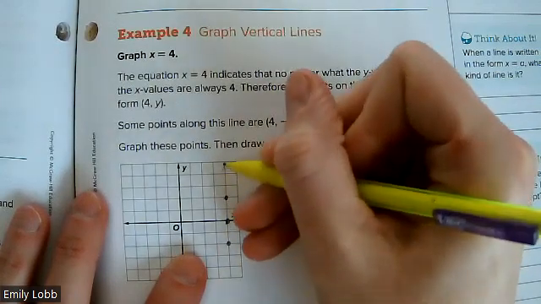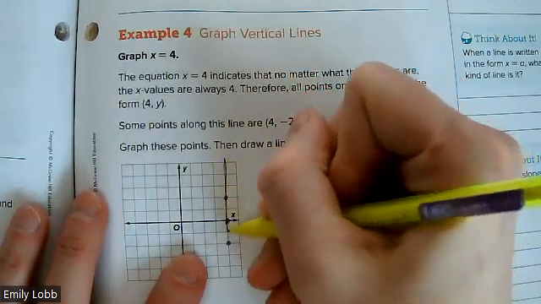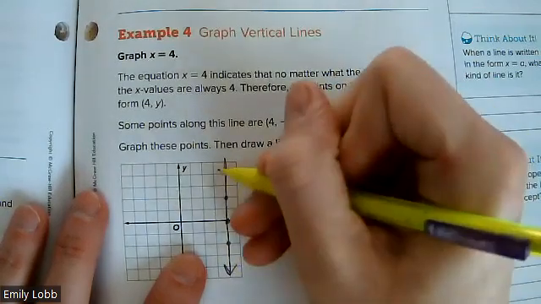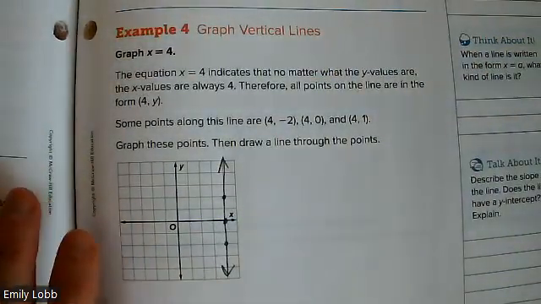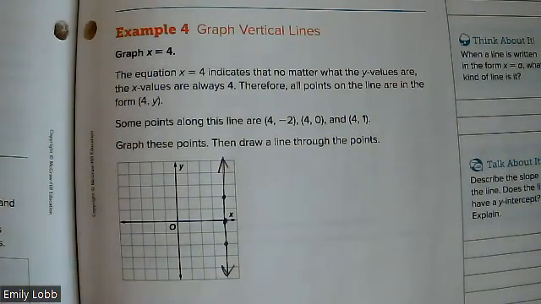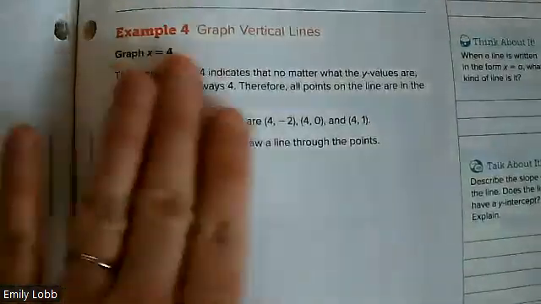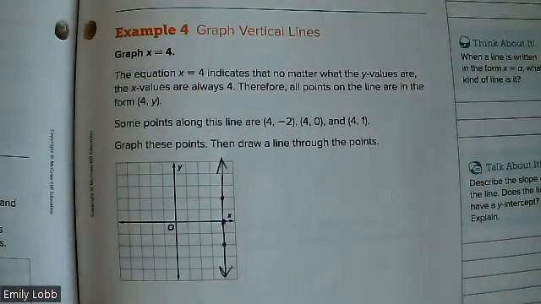Anywhere on this line, x equals what? 4. So you have to understand that. These should be the easiest things for you to graph, because you can pick anywhere on this grid that x equals 4 and put a point there.